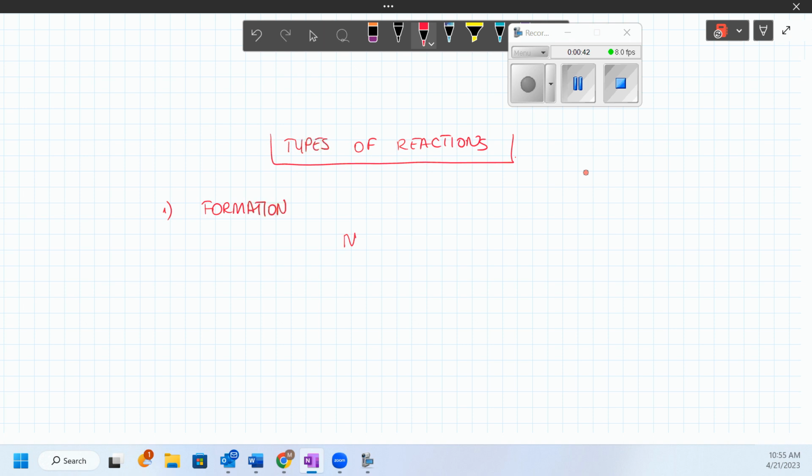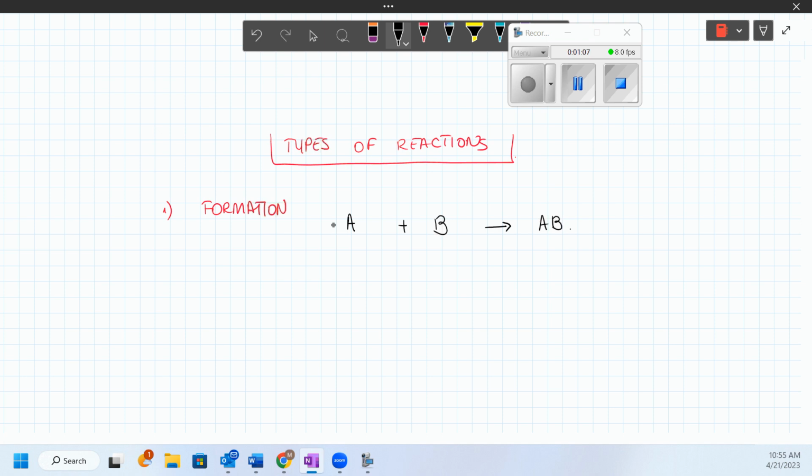So let's say the general form of it is A plus B, so element A and element B are on the reactant side of the reaction to form AB, which can be a molecular compound or an ionic compound.